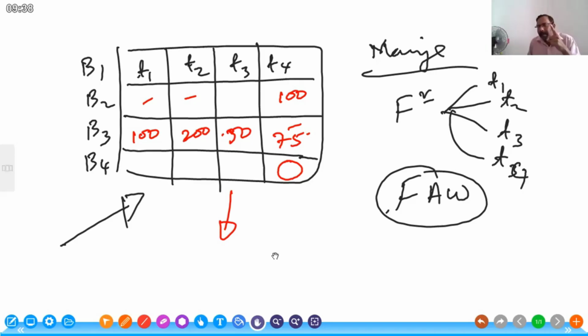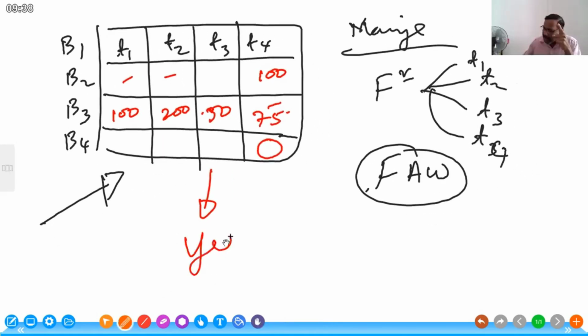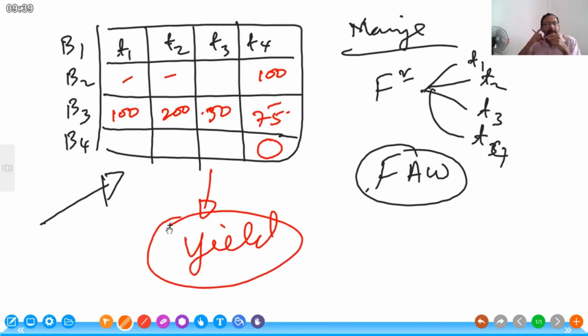Find the fertilizer effect on maize yield. Our final objective is yield. So what is the problem here? The armyworms attack. So depending on the number of armyworms, yield will increase or decrease. I mean, yield will change.